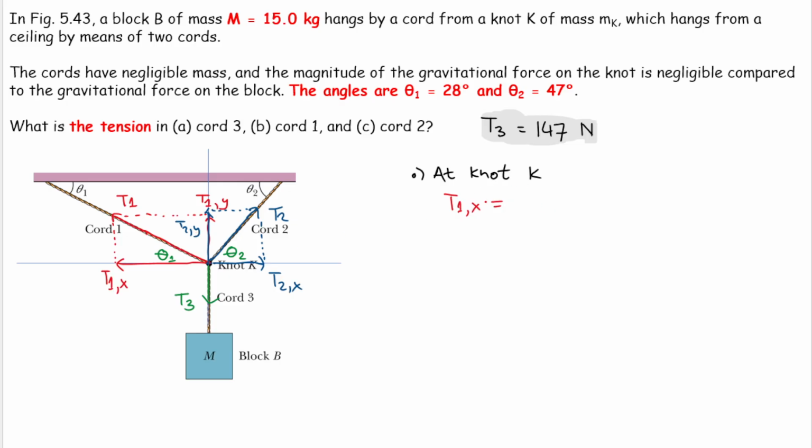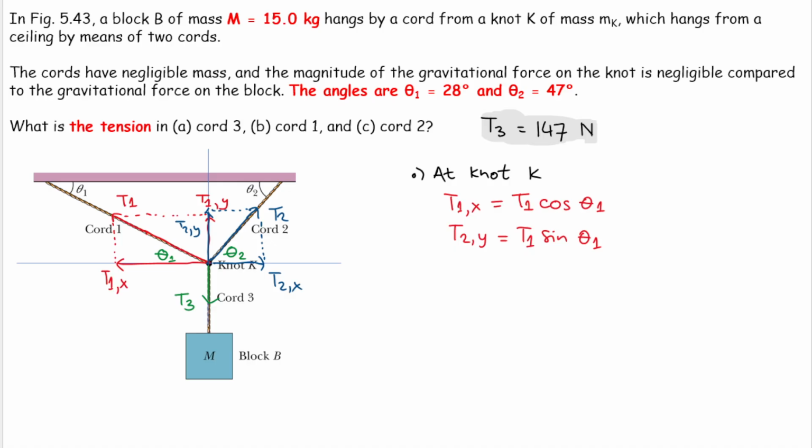So I will have T1 X is T1 cosine theta 1. And then in the Y direction here, it is the same actually. We have this one here, which is the opposite side of the angle. And so we will have T1 Y is T1 sine theta 1.